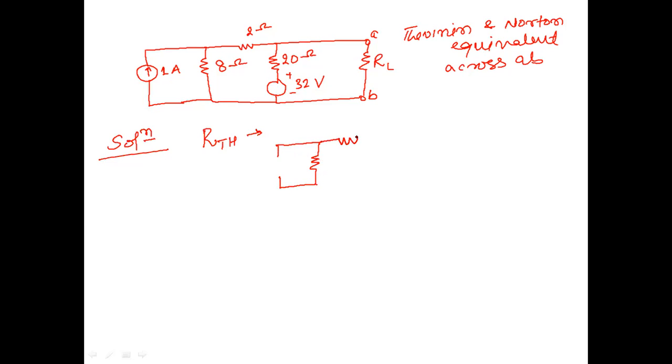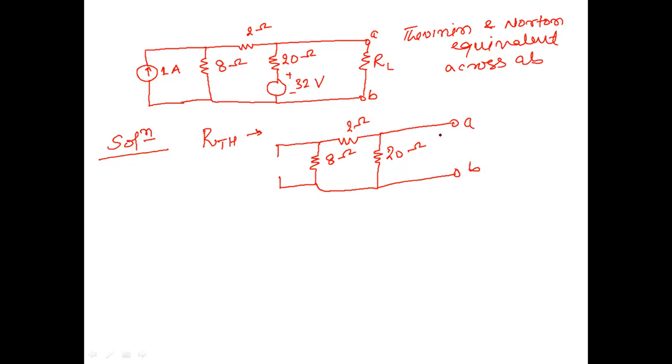This portion is like this, and this 32 volt will now be short circuited. This is 20 ohm, this is 2 ohm, and this is 8 ohm. And here this portion RL is removed. This is A and B.